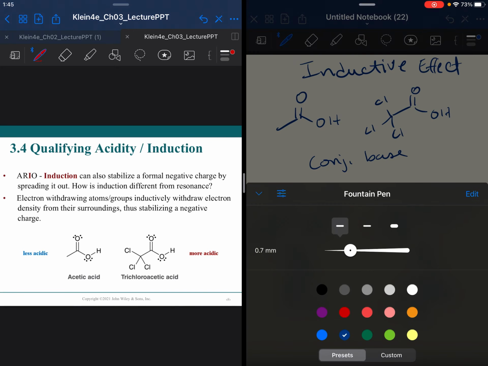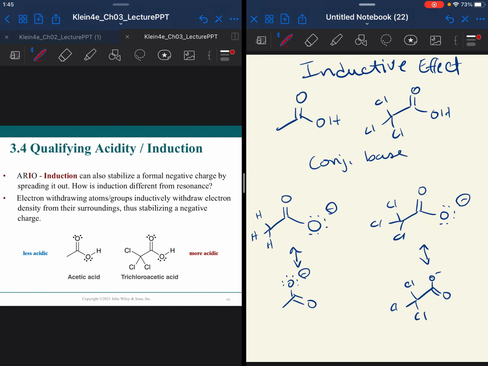And chlorine is a lot more electronegative than hydrogen, than carbon, than, not than oxygen, but the other elements. And so you are going to get some pull of electron density to the other side of the molecule from those chlorines. Whereas the hydrogen has this electronegativity very similar to carbon, it's not really going to be helping, right?